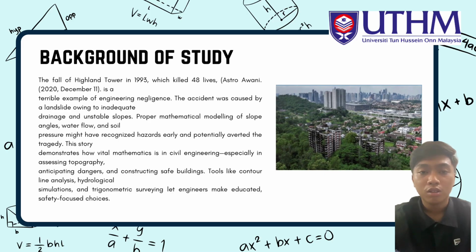Tools like contour line analysis, hydrological simulation, and trigonometric surveying let engineers make educated, safety-focused choices. The Highland Tower tragedy served as a wake-up call for integrating rigorous mathematical analysis into early design stages. Without such precautions, even minor oversight can lead to catastrophic failure.